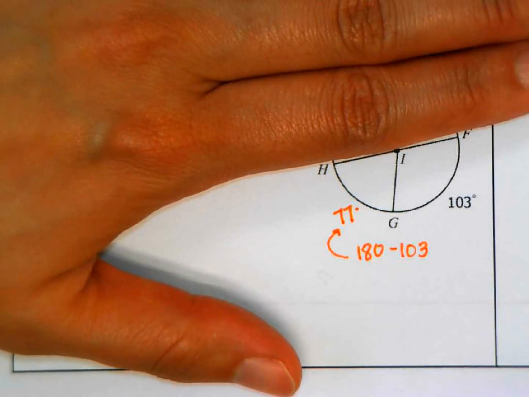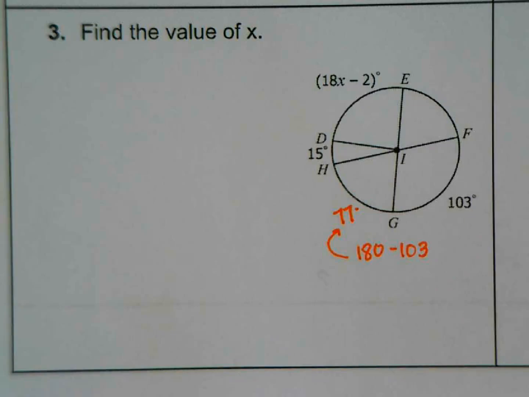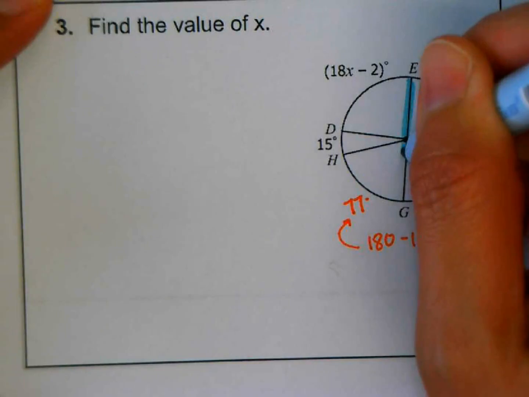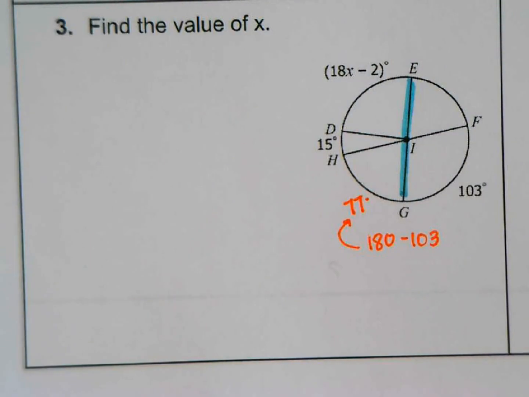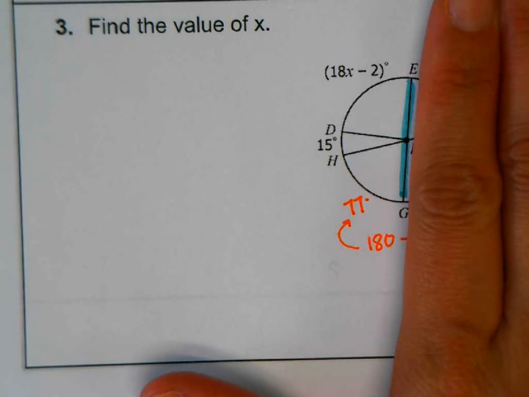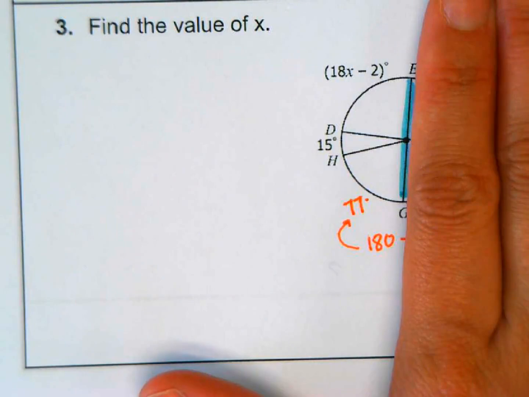What I can then do is this. Split the circle in half like that. 77 and 15 and 18x minus 2. What should all of those add up to?